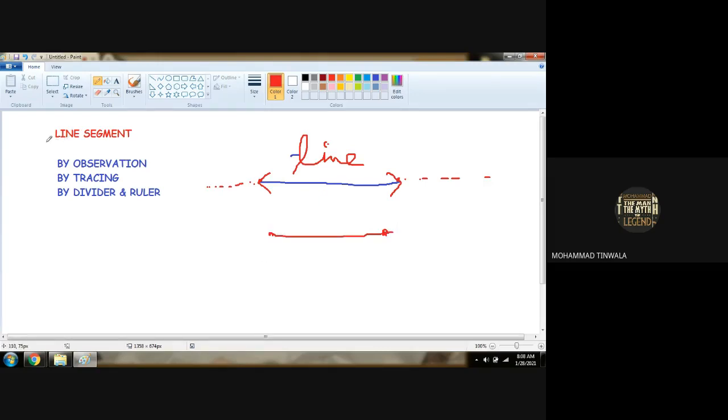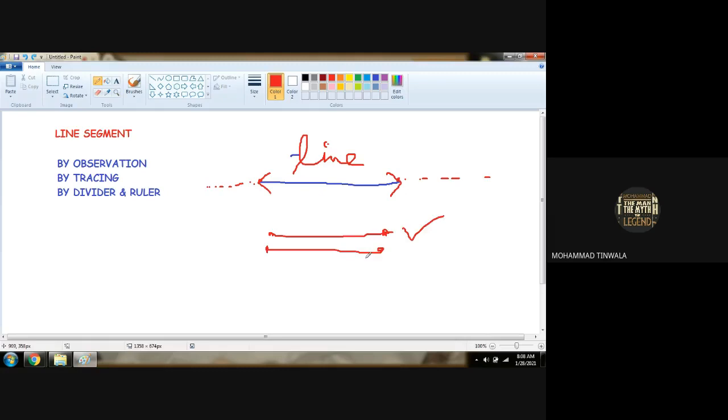Now, what do we have to study here? Line segment, we have to check out how to measure whether these two line segments are correct, whether the upper and lower ones are equal or not. So first thing we can observe by looking at this, that this one is greater as compared to the second one.